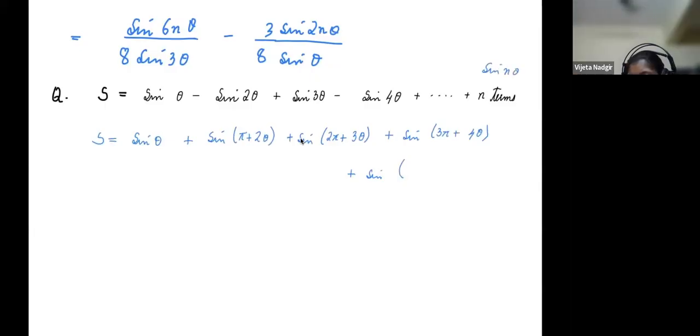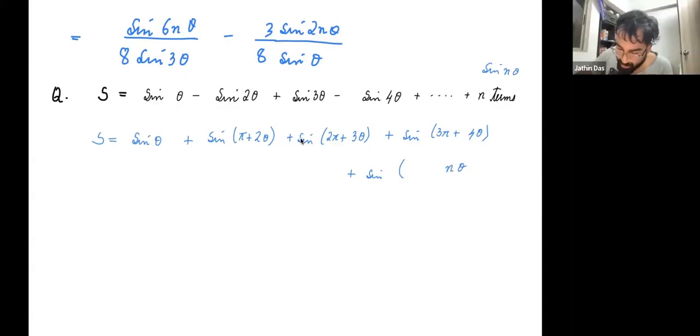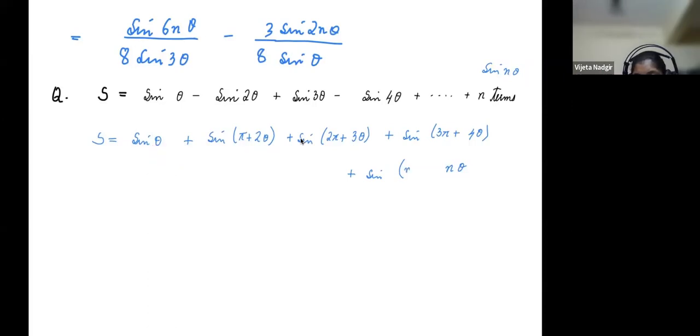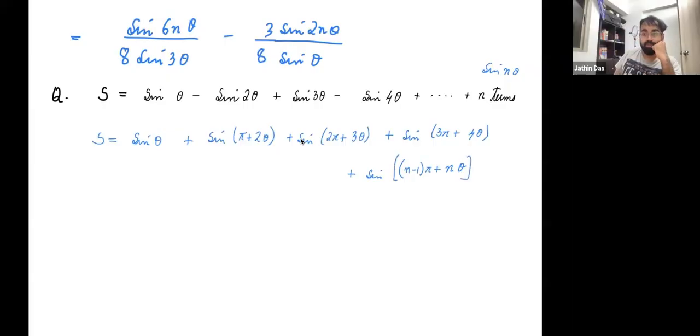So n theta, and here it was how much pi? 0 pi. Here it is 1 pi. So here it will be minus n minus 1 pi. You understood the logic?